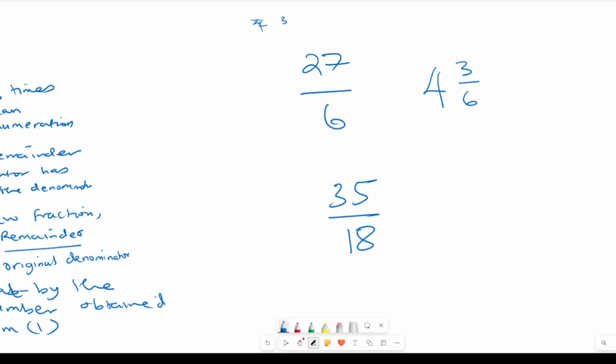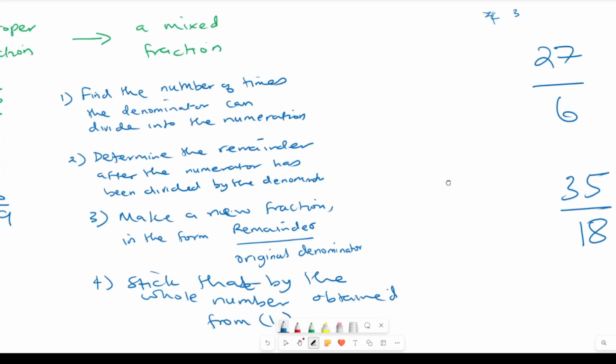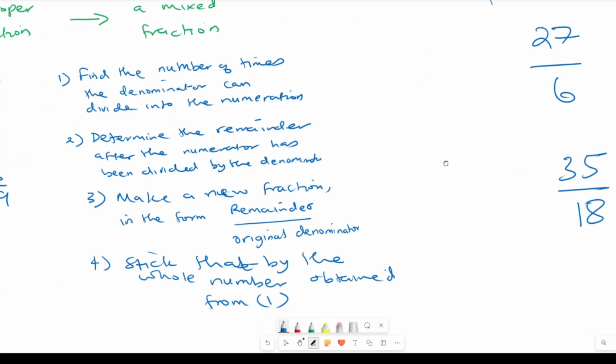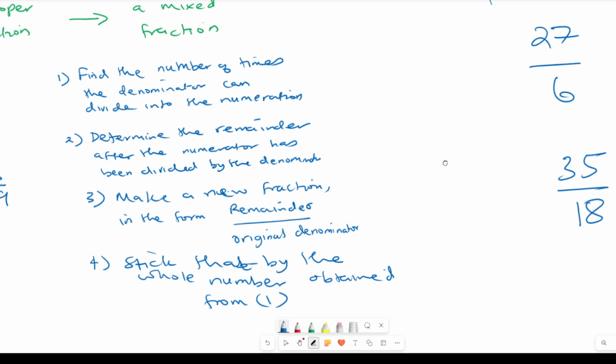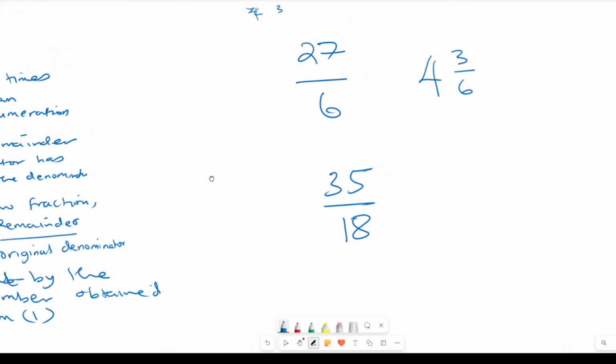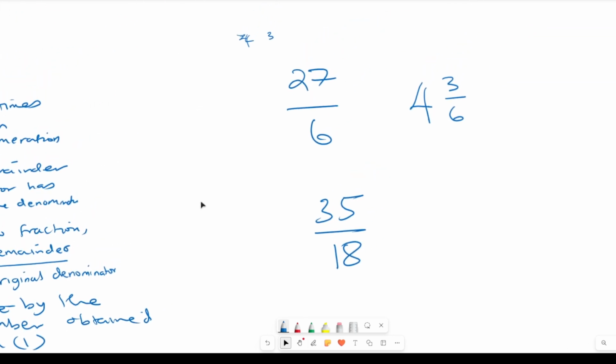Change 35 over 18 to a mixed fraction, and you can follow the step-by-step procedure here.